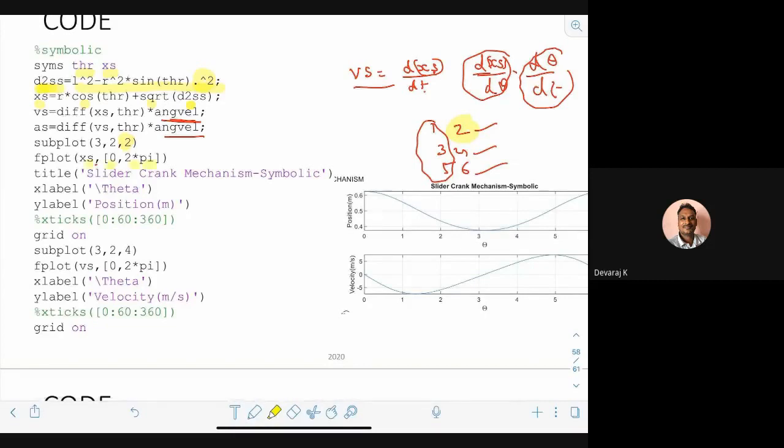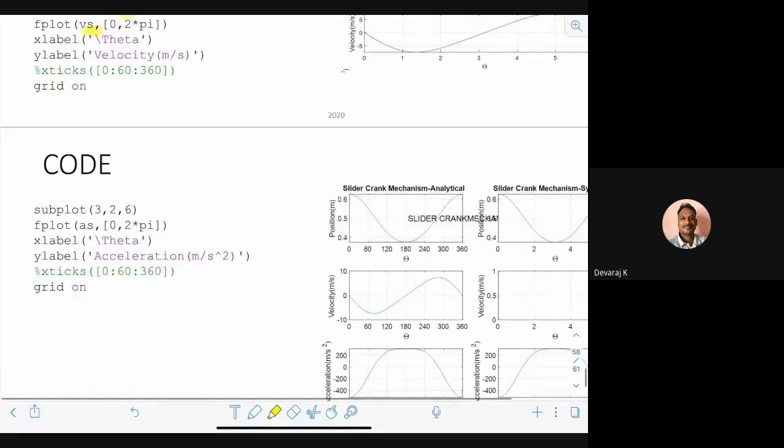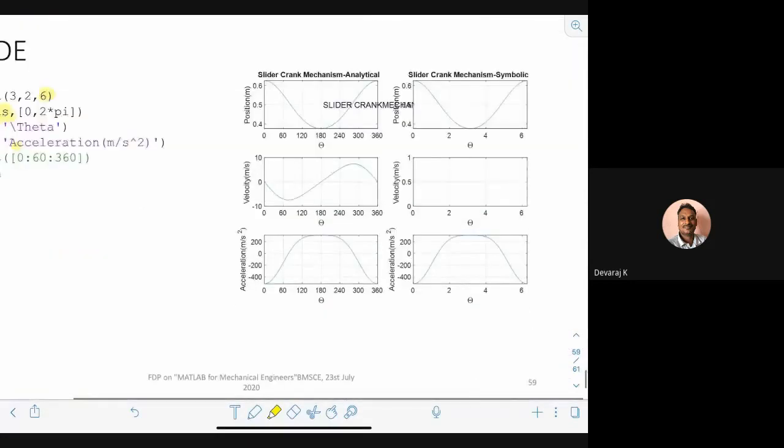Then for velocity, it is subplot 4, so you will get it in this position. Again the same thing, but it is vs now, and you put the titles. And if you look at the last subplot, it is 6 and it is for acceleration. You plot acceleration, and when you do this, you get this output.